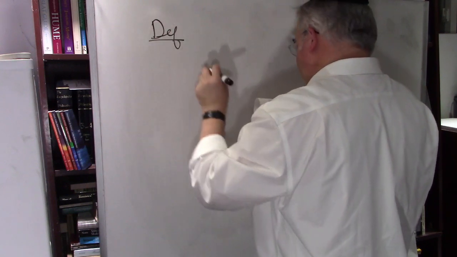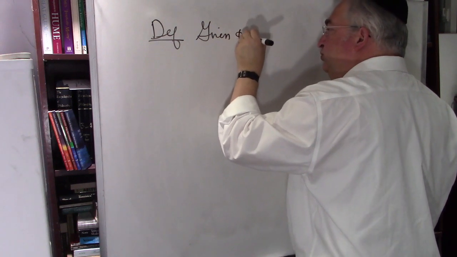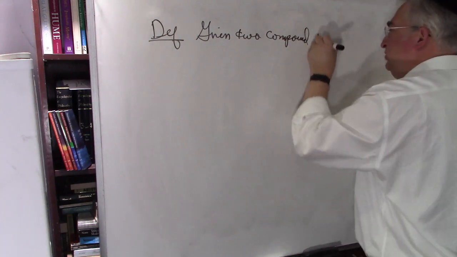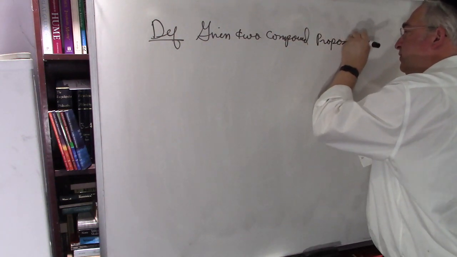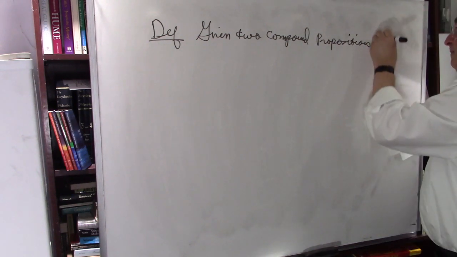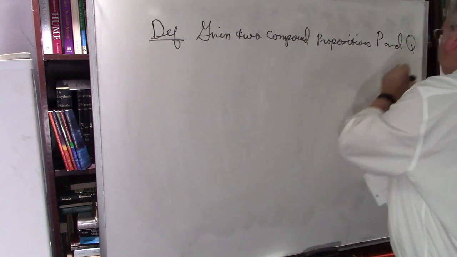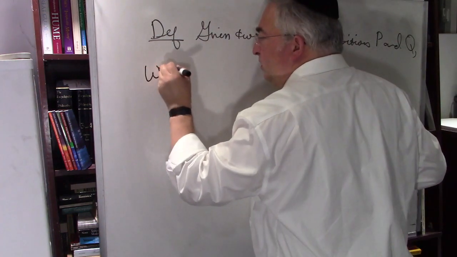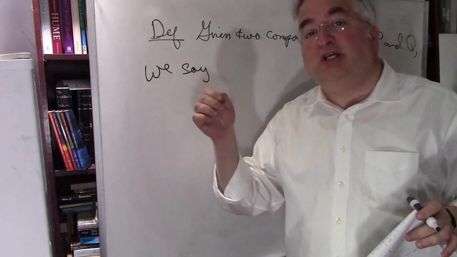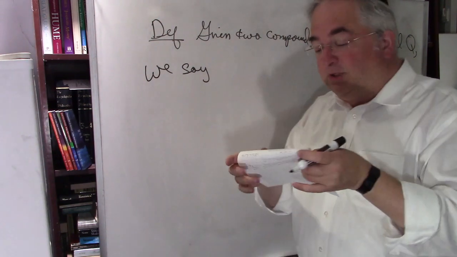Definition. Given two compound propositions, P and Q, this is just like before, but before we were talking about logically equivalent. Now we're going to talk about logically implies.